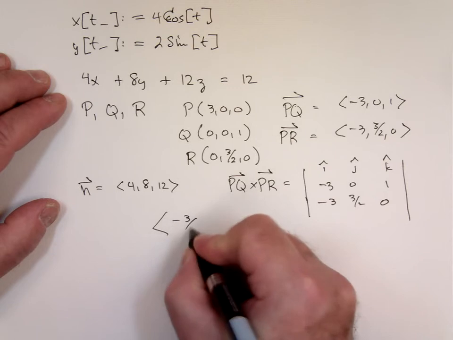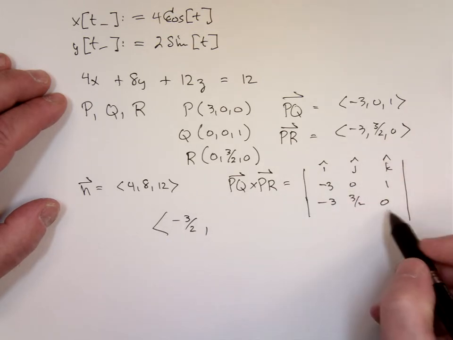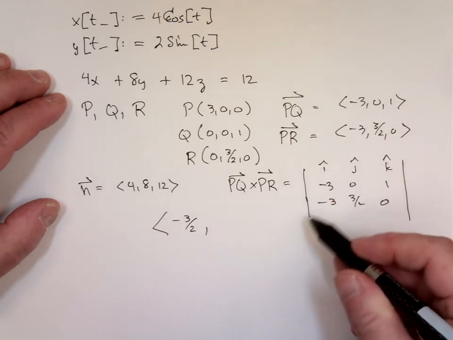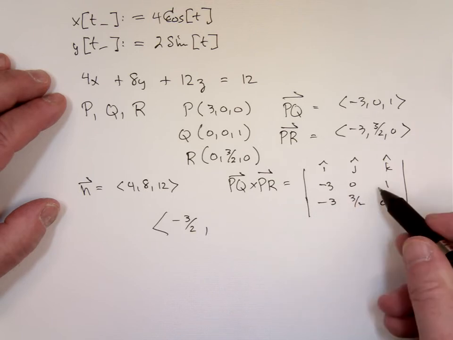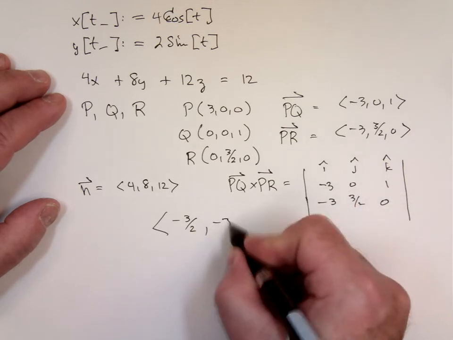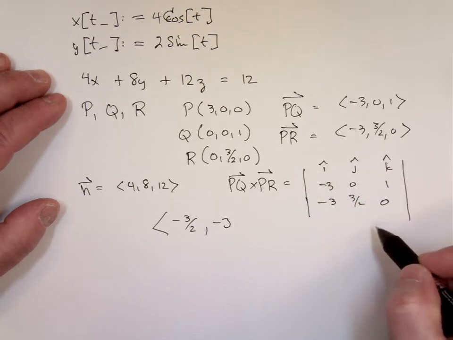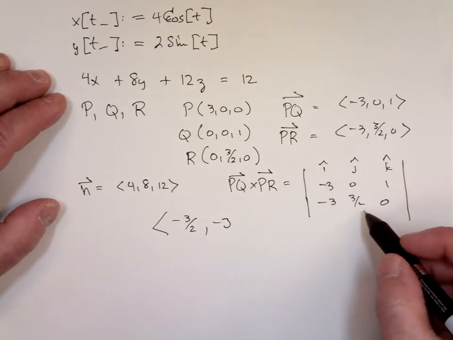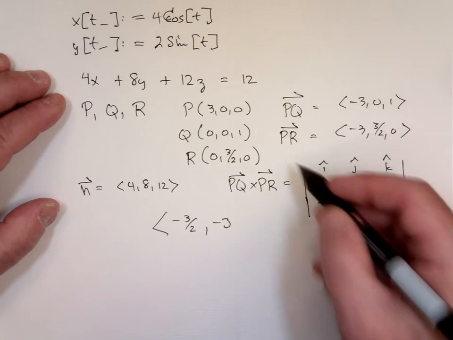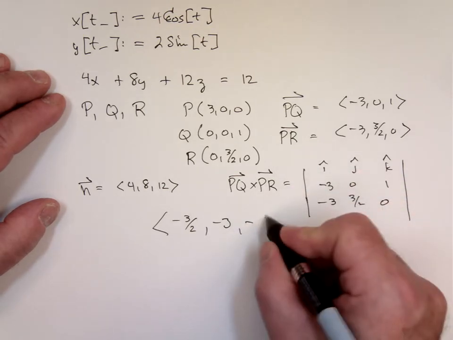Cross this out, it'll be 0 minus negative 3, which is 3, but it's the middle guy, so take the opposite of it. Cross this out, and then I'm going to get negative 9 halves minus 0, I think, if I do that all right.